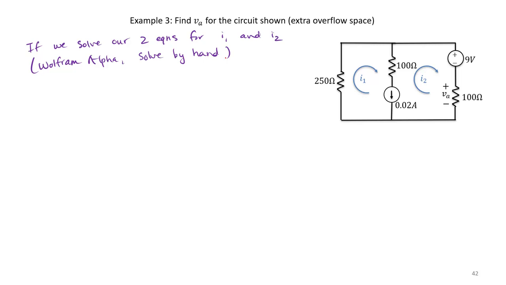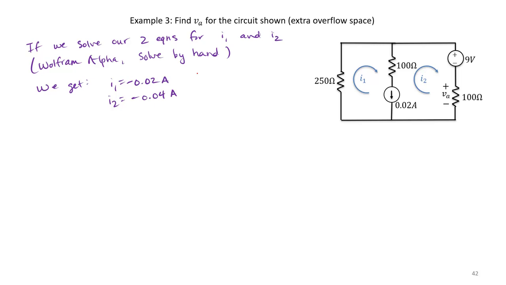We determine in this case that I1 is equal to 0.02 amperes. I'm sorry, negative 0.02. And I2 is equal to negative 0.04 amps.